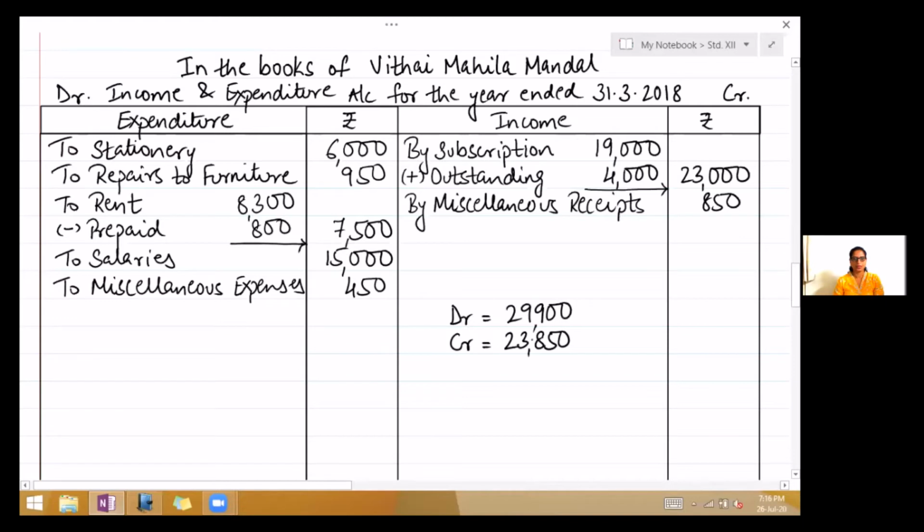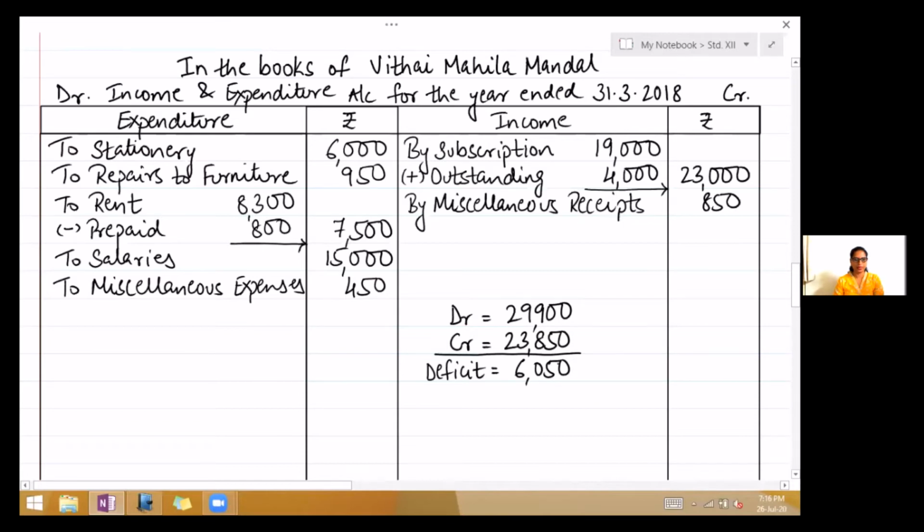Debit total is 29,900. Now you find that your debit side total is greater than your credit side. That means your expenditure is more than your income. In such a case, you will get a deficit. That is a loss. So your deficit is 6,050.